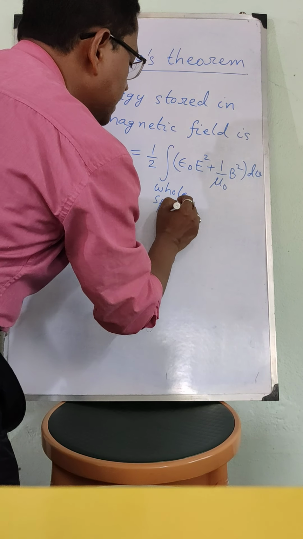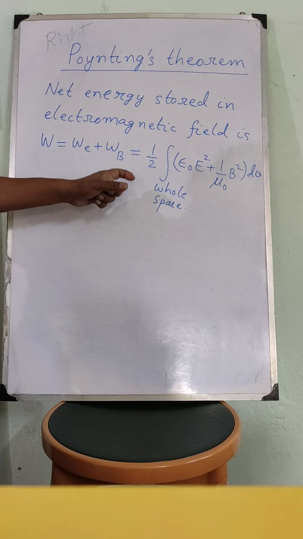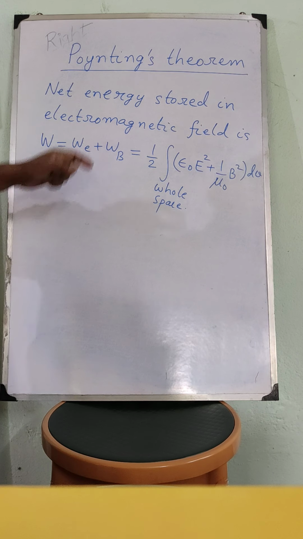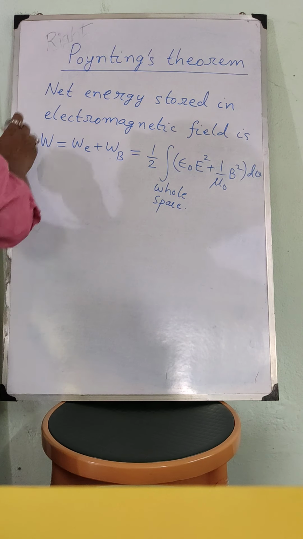So this is the net energy stored in electromagnetic field. This expression we require in the derivation of Poynting's theorem. Okay, now we will go to Poynting's theorem.